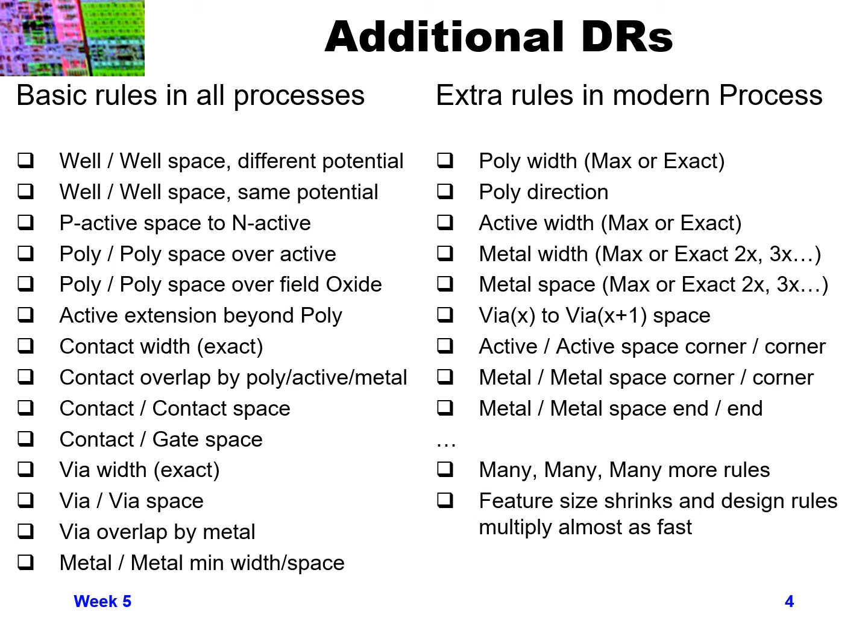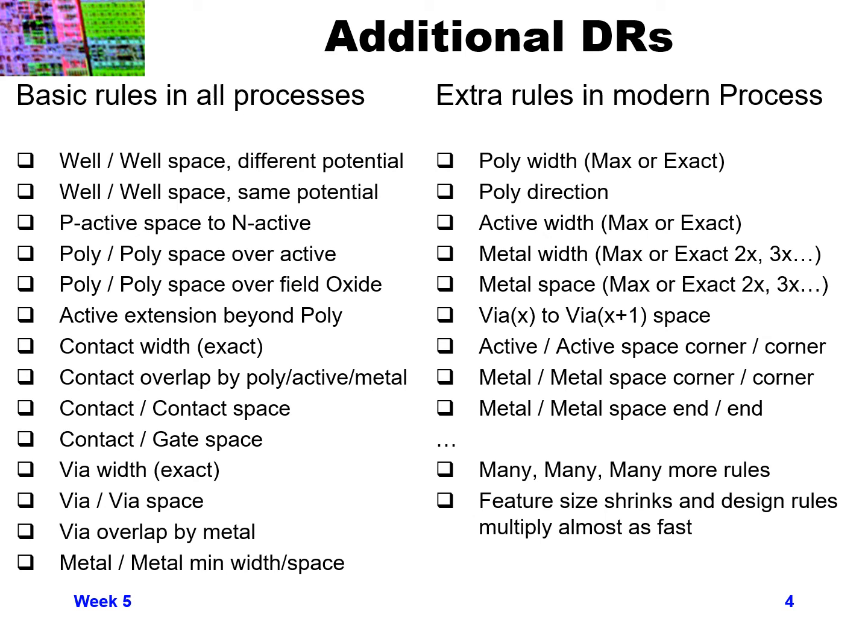So vias will again generally have an exact width dimension that's specified by the process and which via layer it is, and then you'll have certain spacing requirements for via to via space. The via generally needs to be overlapped by the metal by a certain amount. So how much overlap is a design rule, and then metal to metal. So those are generally some basic rules that are in all process technologies.